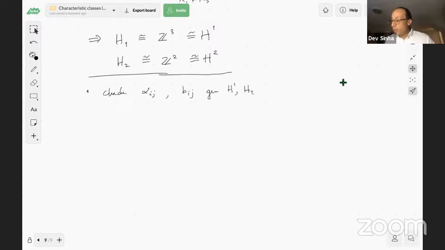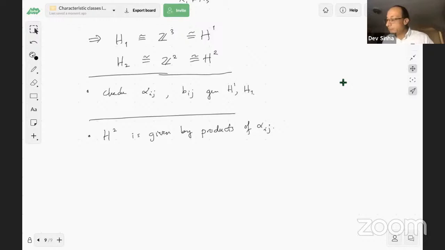We need some new H upper 2 generators. H upper 2 is given by products of the alpha ij's. H lower 2, I'll just sketch for you.